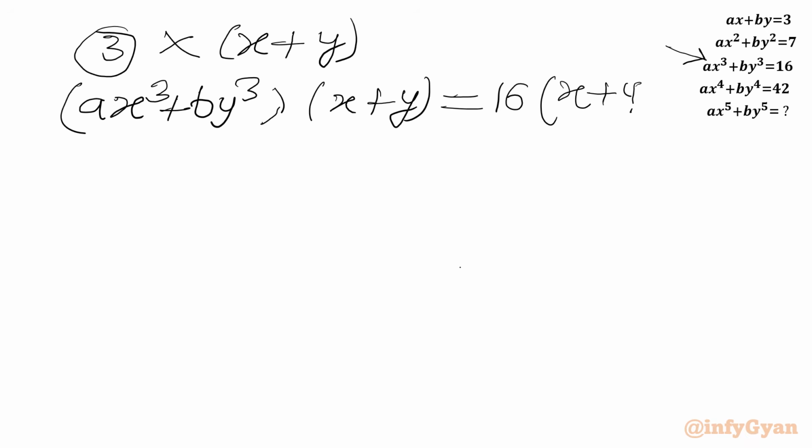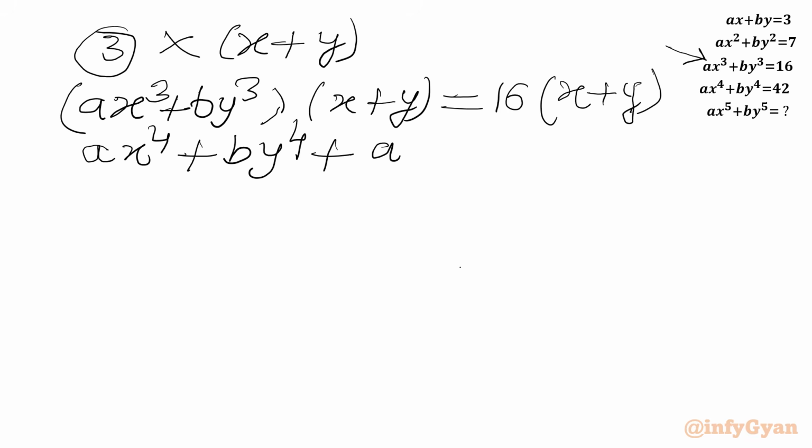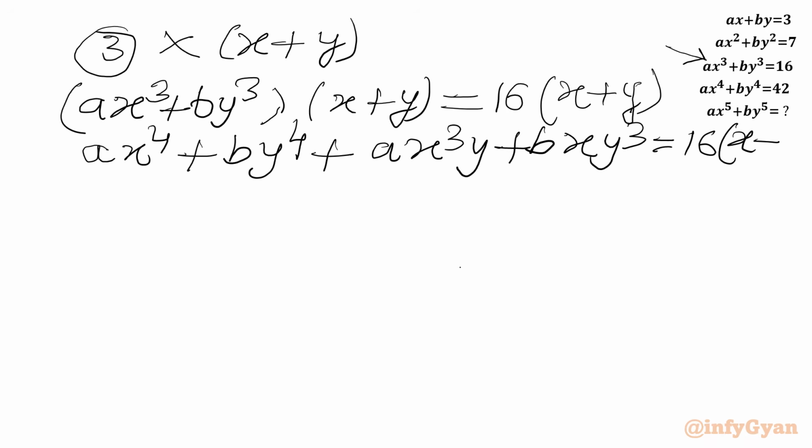Now we will expand our LHS, multiplying both the brackets. ax^3 times x, ax^4. by^3 times y, by^4. Now the cross product terms will be ax^3 times y, ax^3 y, by^3 times x, bxy^3, equal to 16 times x plus y.